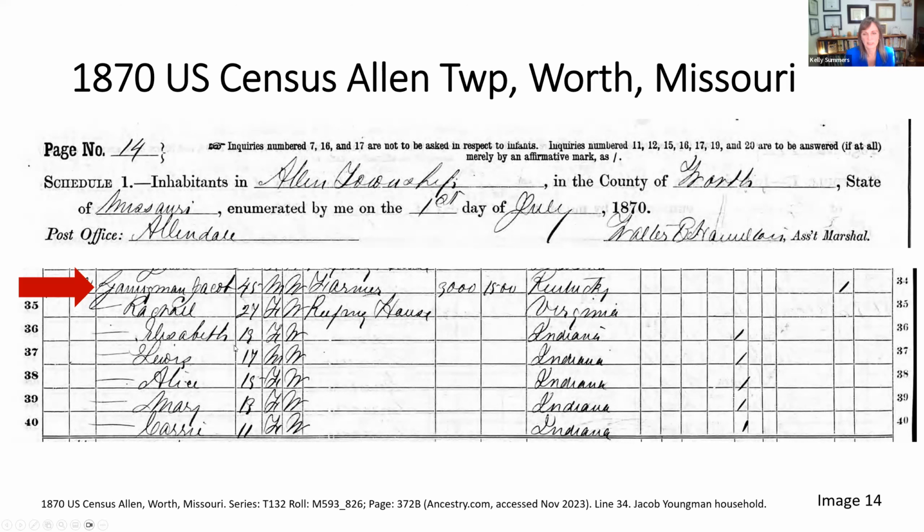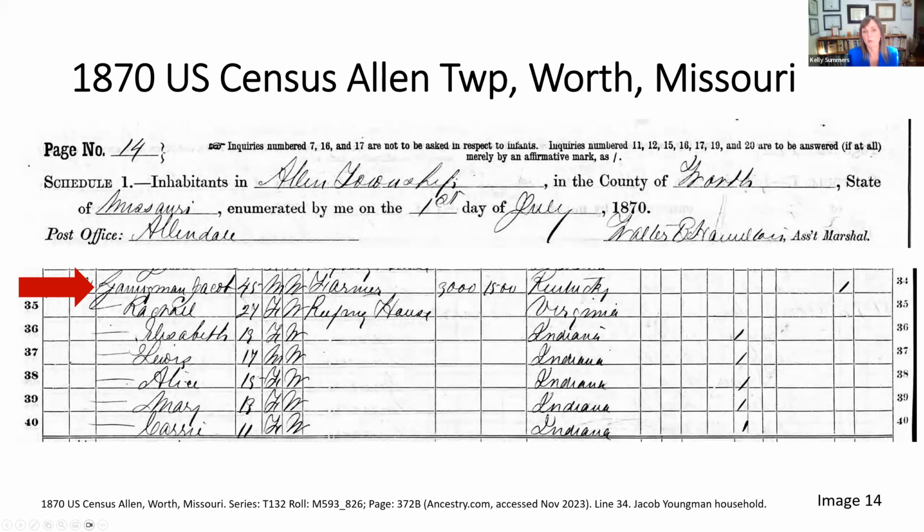Now, the first thing I notice is that Elizabeth is 19. There is no way that Rachel could have given birth to Elizabeth, who is 19. So these children probably represent children from Jacob's first marriage. And if we look to where they were born, it says they all were born in Indiana.